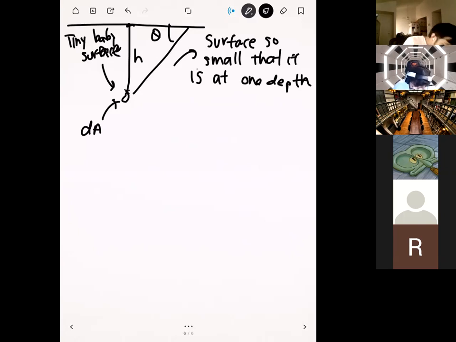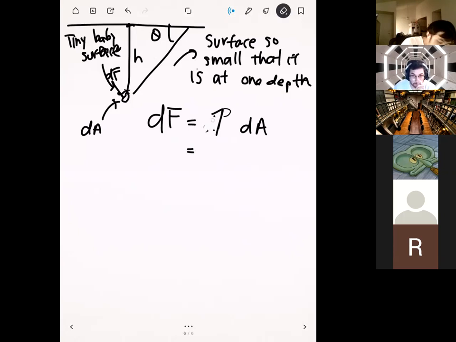Okay. So if we compute the tiny force on this tiny surface, we call that tiny force dF. We can say that this tiny force is going to be the pressure P multiplied by the area dA. Just like before, the force is equal to the pressure times area, but since this is such a tiny surface, we can plug in an expression for the pressure using our hydrostatic formula from before.